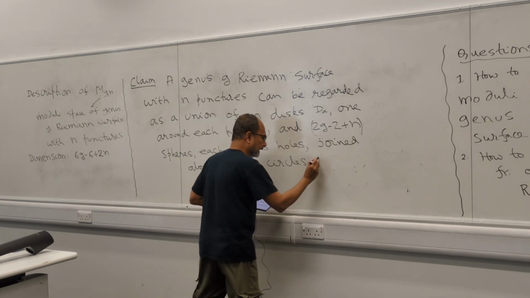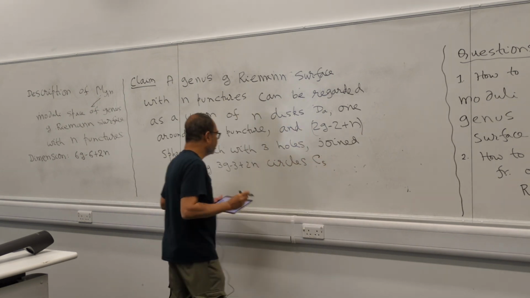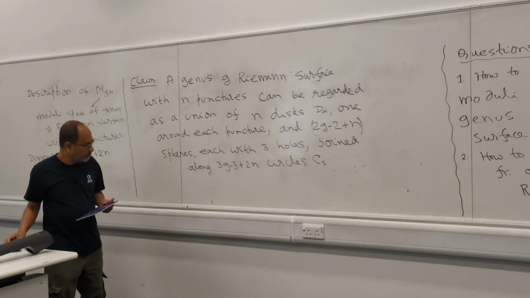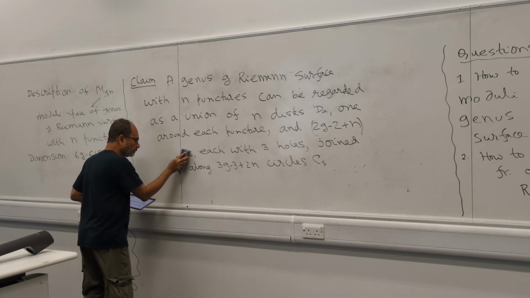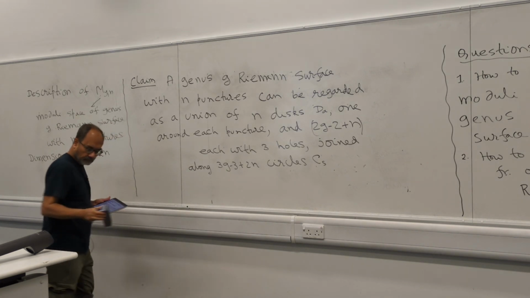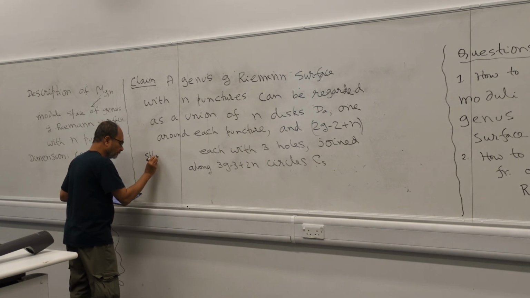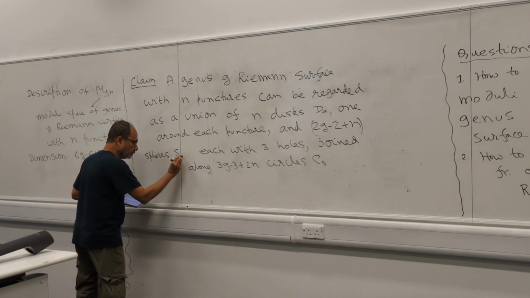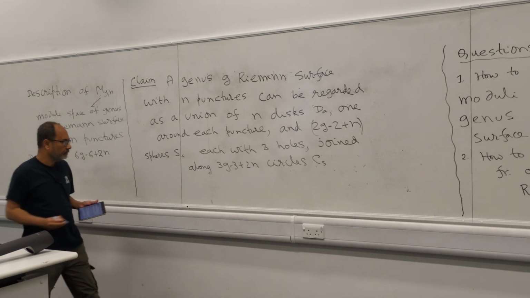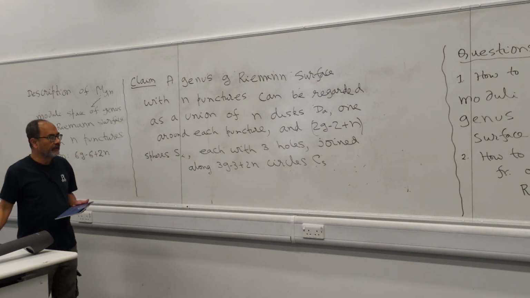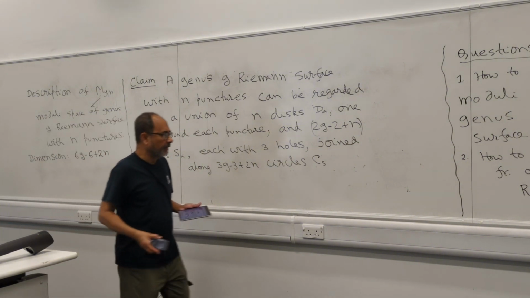Okay, so the circles I will denote by C_i, the spheres I will denote by S_i. Okay. And it is best to understand this by some examples.